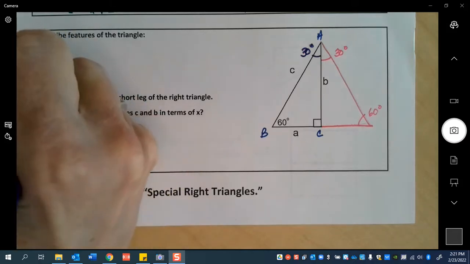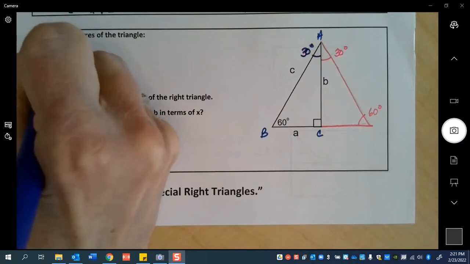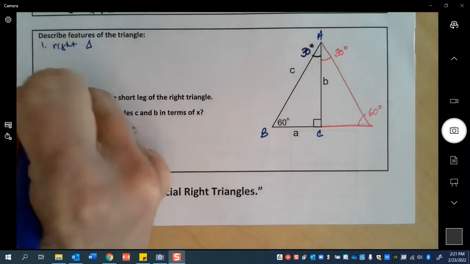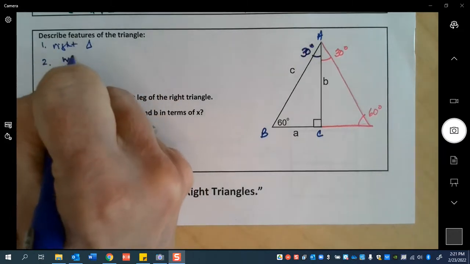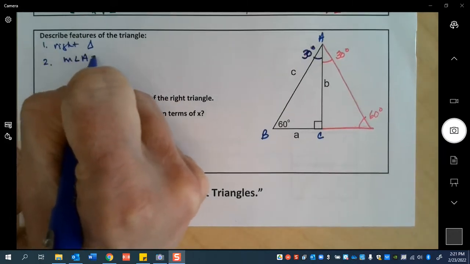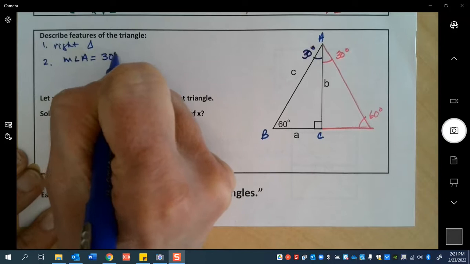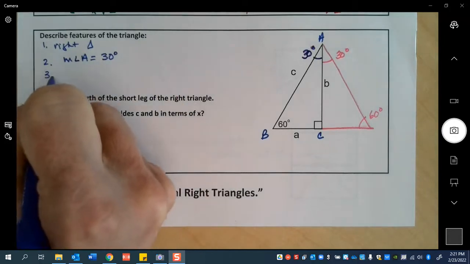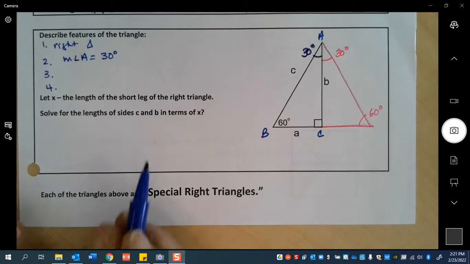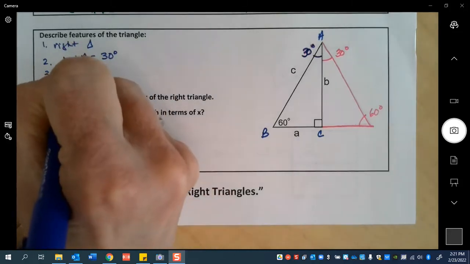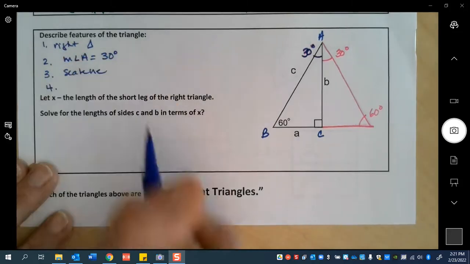It's right, square, A equals 30, C equals... Oh, it's right... Well, we can't just say measure of angle A is 30, because there's 3 angle A's.